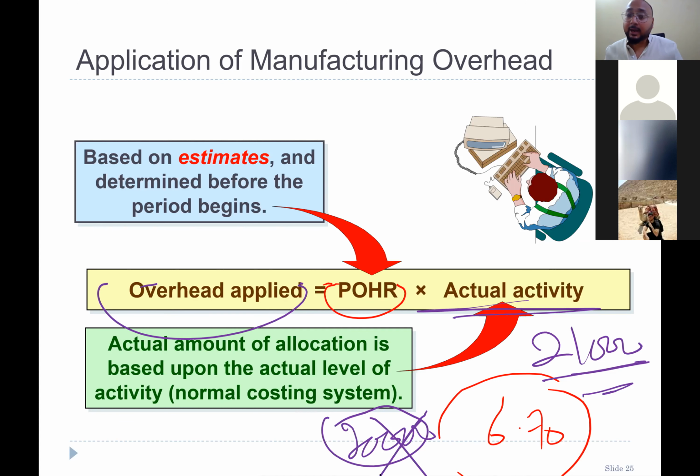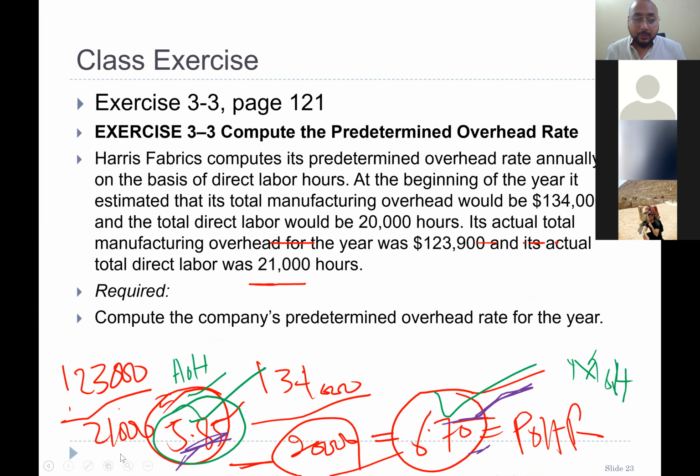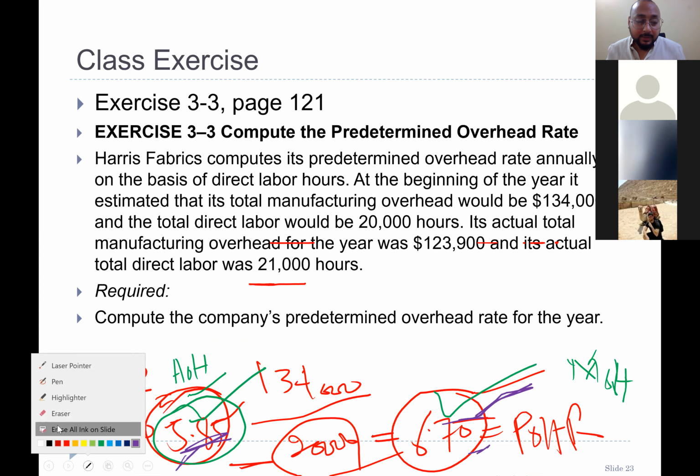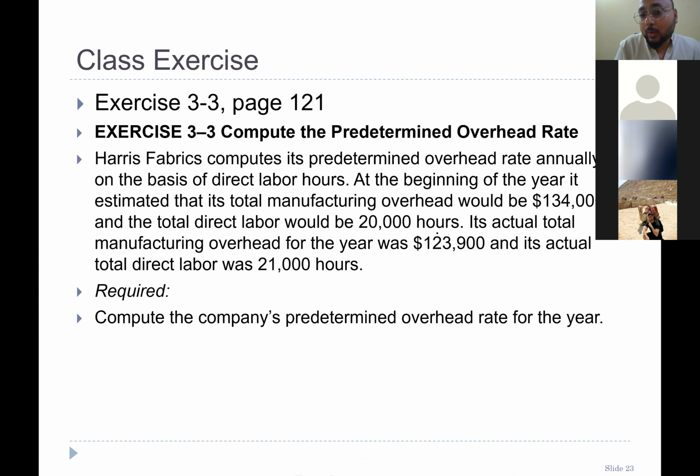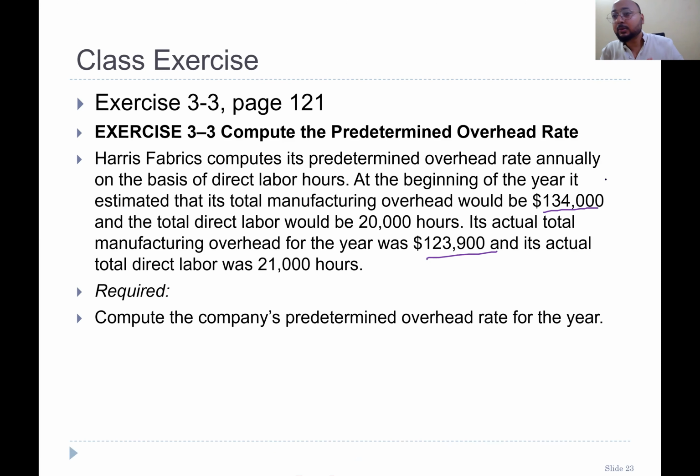So that we can find out whether this 123,900 is good or bad. Look here now. Reread this question once more. Harris Fabrics computes its predetermined overhead rate annually on the basis of direct labor hours.